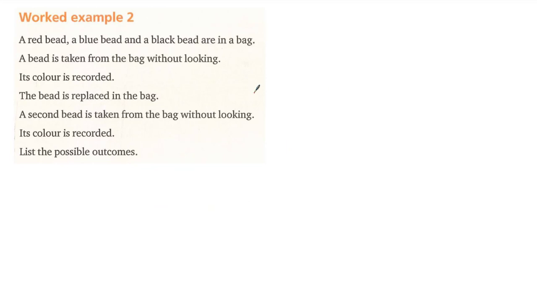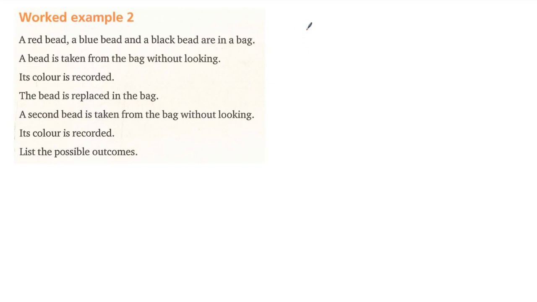A red bead, a blue bead, and a black bead are in a bag. A bead is taken from the bag without looking. Its color is recorded. The bead is replaced in the bag. A second bead is taken from the bag without looking. Its color is recorded. List the possible outcomes.